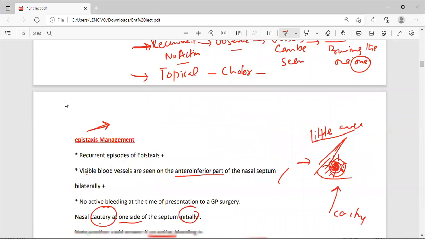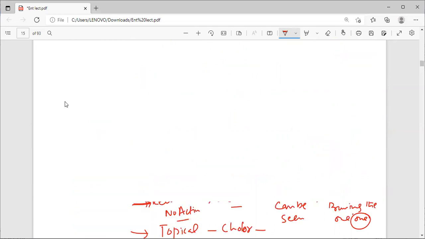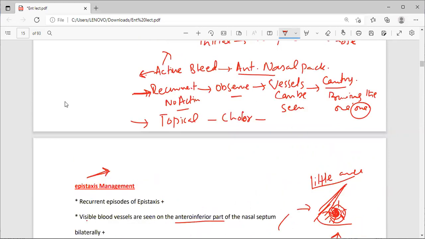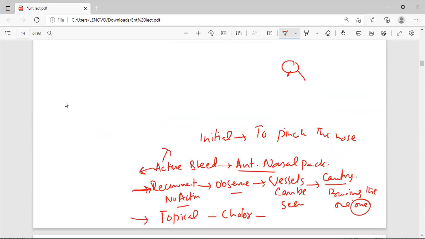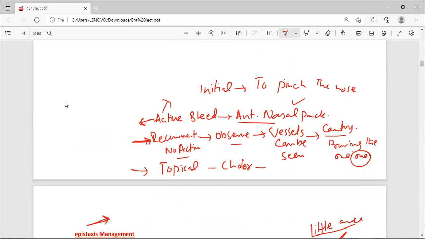You have to lean forward and pinch the nose for 10 to 15 minutes. If it still is not controlled, then you should go for anterior nasal packing. And when the episodes are recurrent, you should go for cautery.